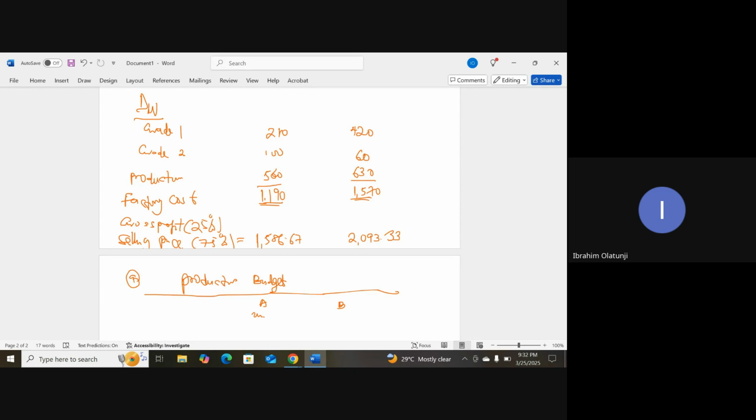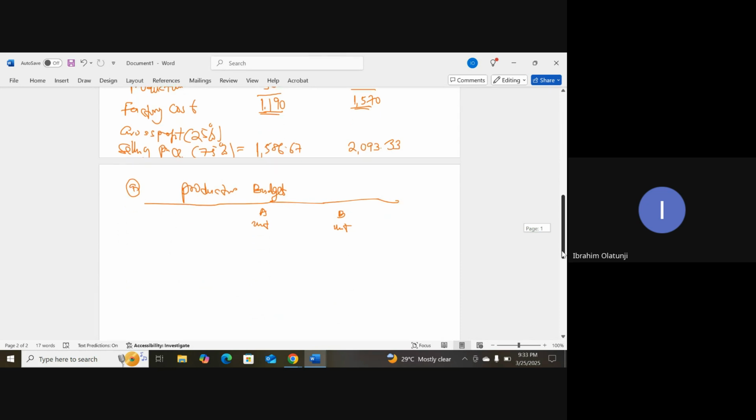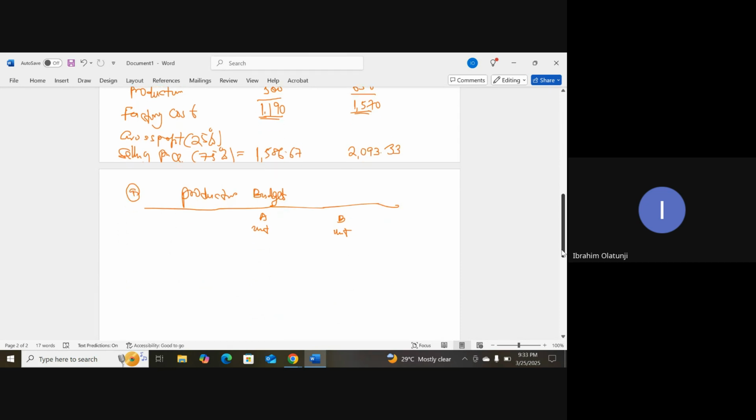So it is the unit that I want to calculate because it is the production, not the cost. So for the production budget I have to start by what? Sales unit.